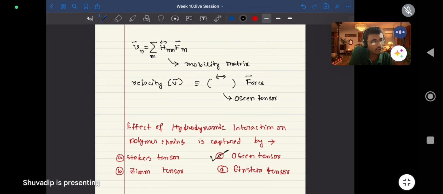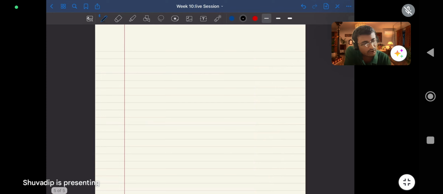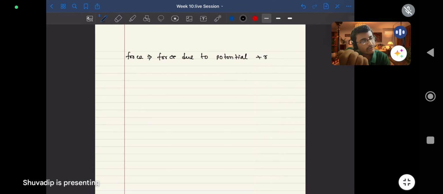Now in this case clearly the force has two parts. Force is given by the force due to the potential, the spring potential, and the random force.